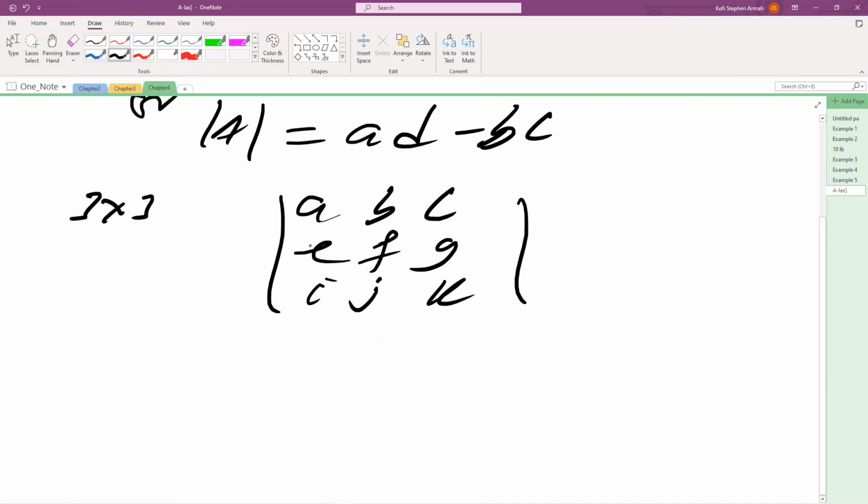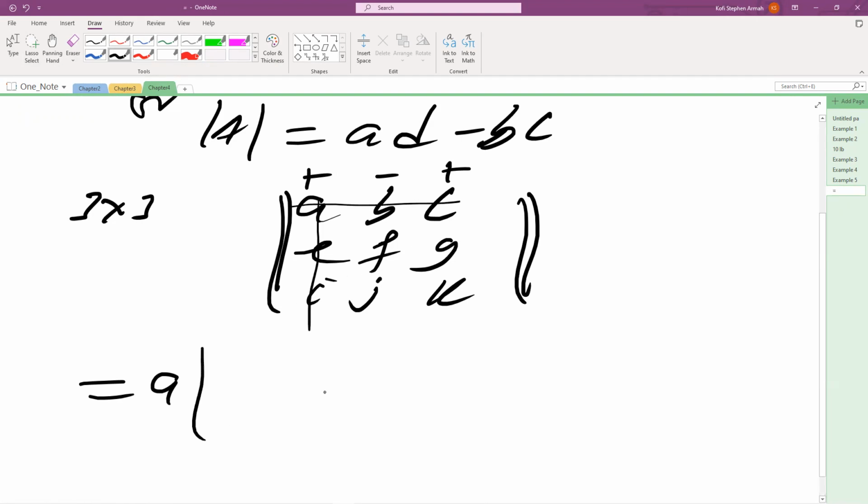You can evaluate along the rows or along the columns, but by default let's use the first row. There are signs here: plus, minus, plus. You write A here, A, A. Then you cover this row and this column, and what is left is F, G, J, and K. This sign is plus.